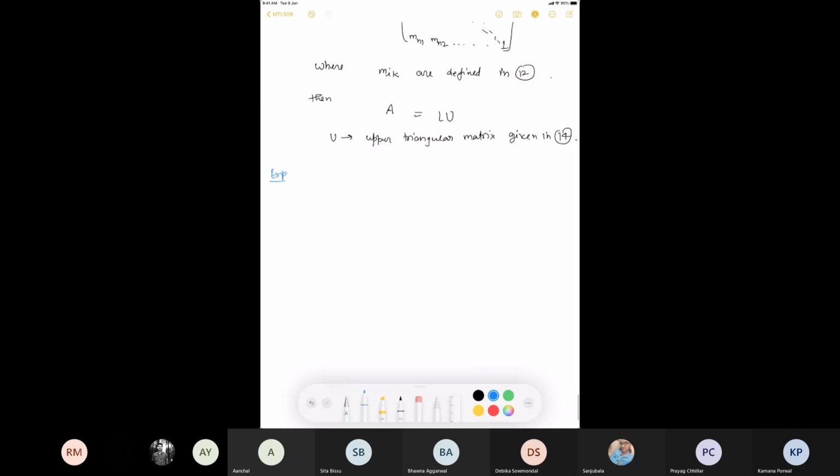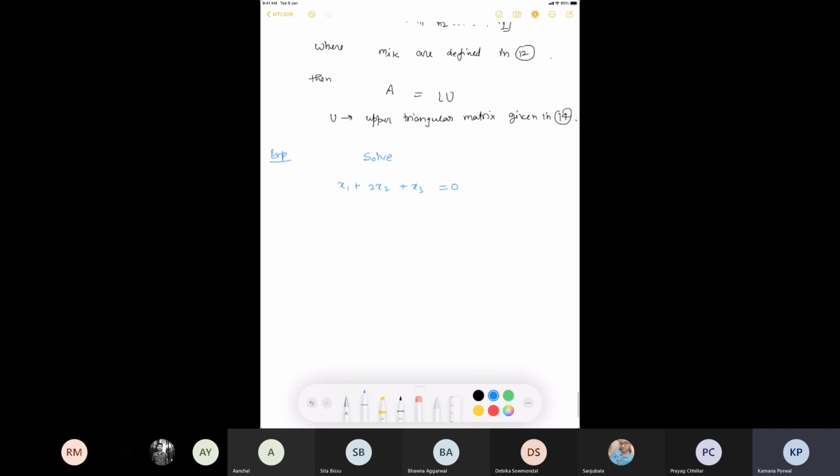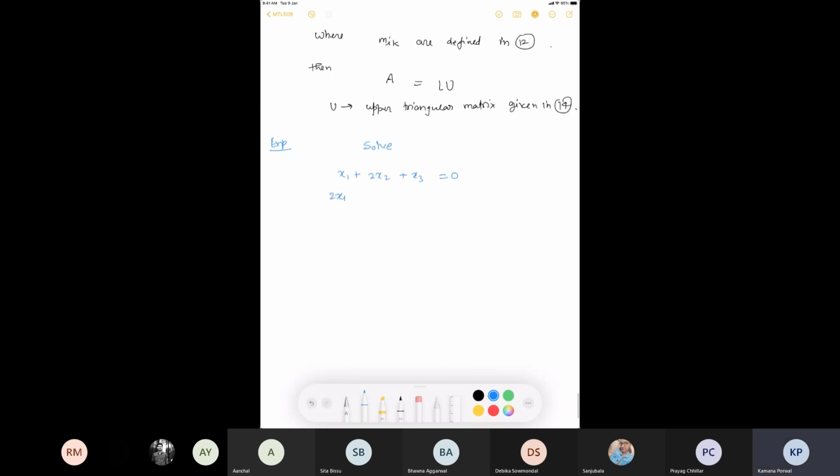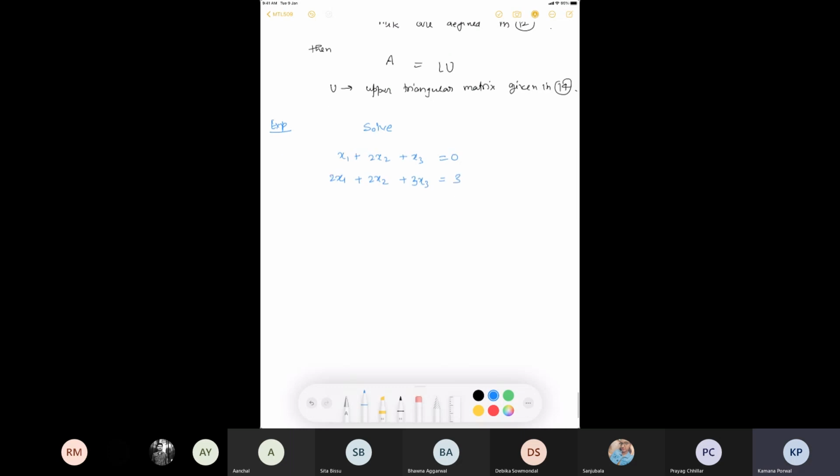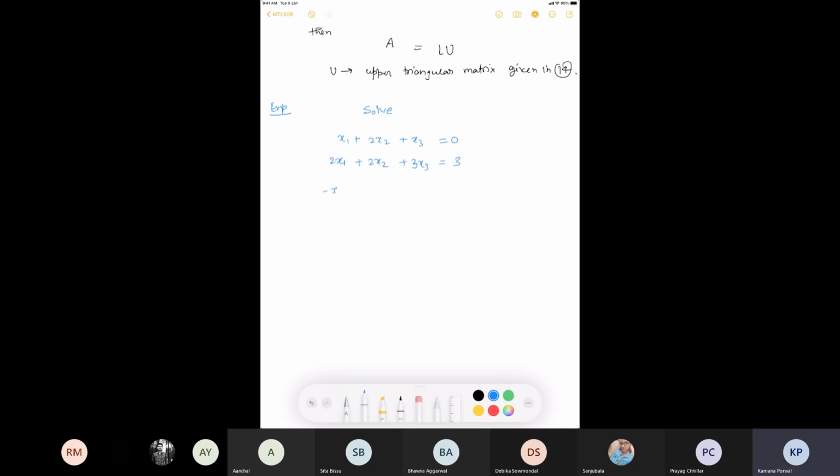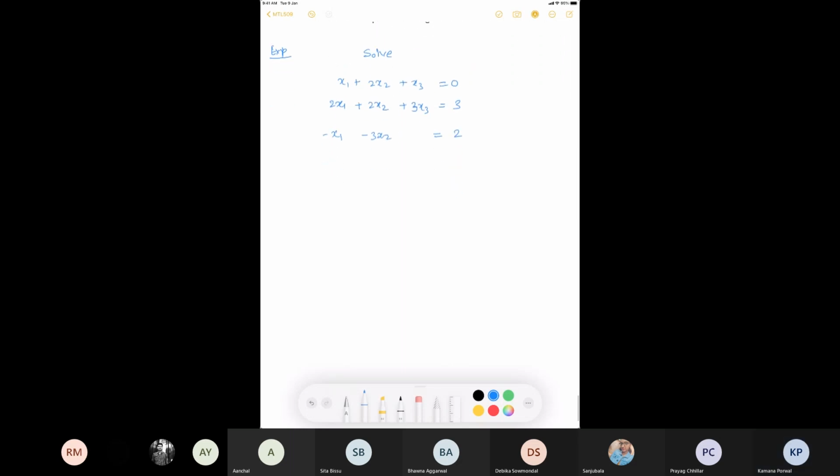So we have to solve this linear system: x1 plus 2x2 plus x3 is equal to 0. 2x1 plus 2x2 plus 3x3 is equal to 3. And then minus x1 minus 3x2 is equal to 2.